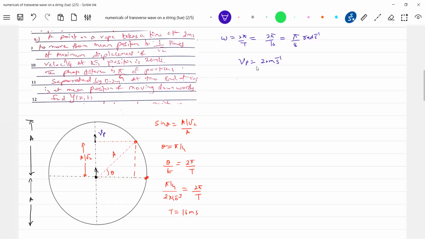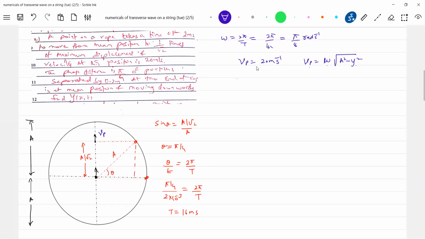Okay, now with the help of this, Vp equal to omega root of a square minus y square. We know particle speed, we know omega, we know y also, a by root 2. With that, what happened? We'll get the amplitude. So this, I'll write it. Sir, the time is in millisecond, no, sir. So omega will be different. Oh, I didn't write it, no?